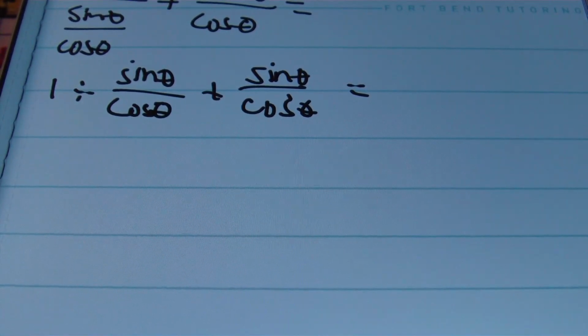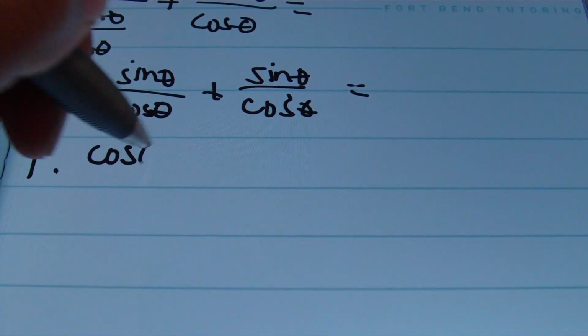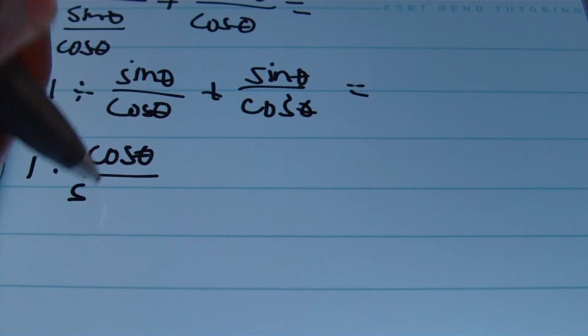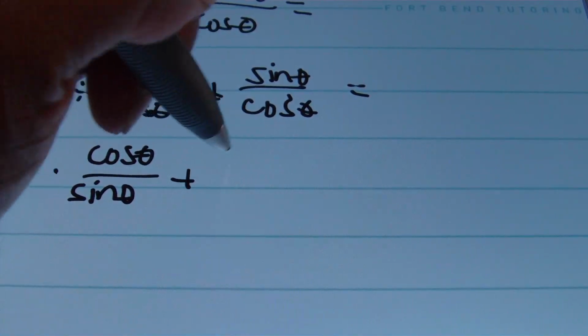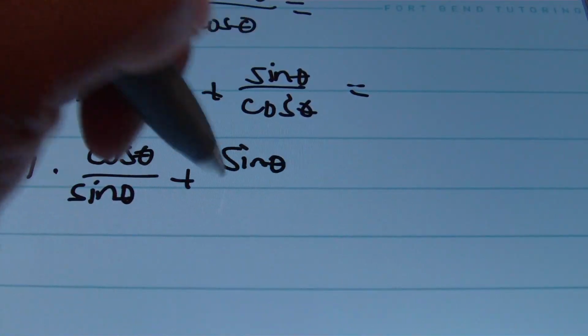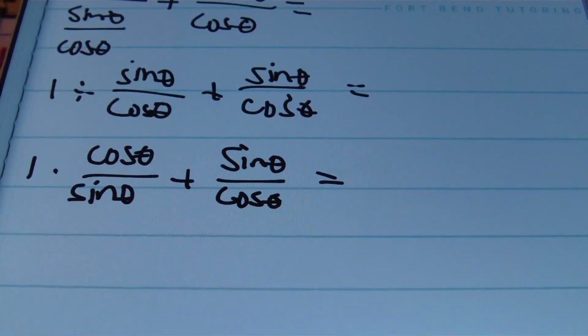I'm going to now show that when dividing fractions, we end up multiplying by the reciprocal of the second fraction here. So this is equivalent to 1 times cosine theta divided by sine theta, plus sine theta over cosine theta. See, we haven't changed that second fraction since the beginning.